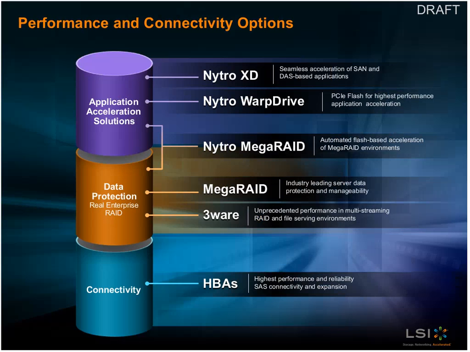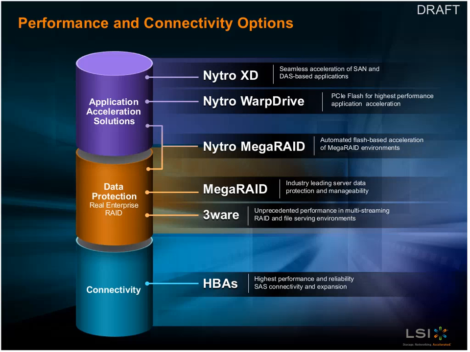You could also apply SSDs into RAID controllers like 3ware or MegaRAID and get the advantage of data protection on SSDs and the same types of performance attributes that are inherent with an SSD, 100 to 1,000 times faster than traditional spinning media. Of course, when you apply pure SSDs to the problem, you're also taking on the cost of that. It does cost quite a bit more per gigabyte, SSD versus HDD.